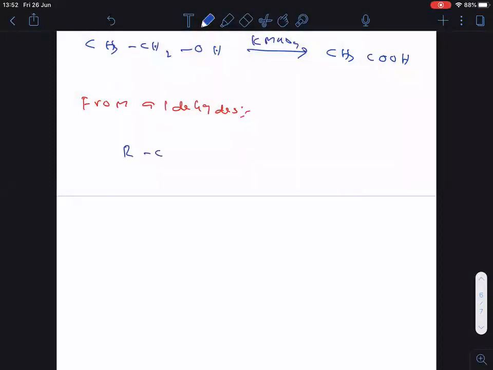So here let me take RCHO, aldehyde. If you use a strong oxidizing agent like KMnO4, or a mild oxidizing agent like Tollens reagent, in both cases you will get carboxylic acid only. If strong is used or if mild is used, in both cases we will get the same thing, that is, carboxylic acid only.